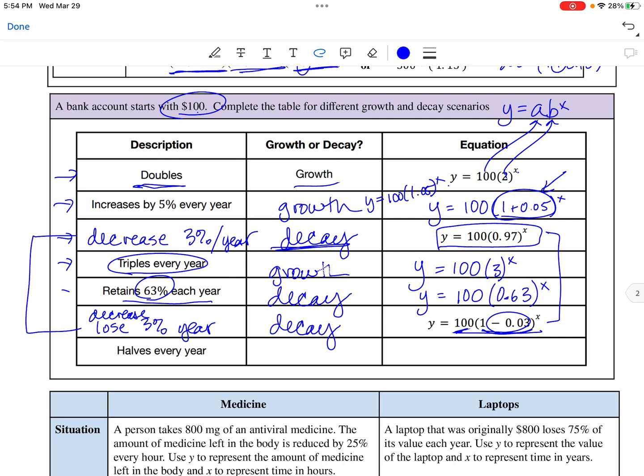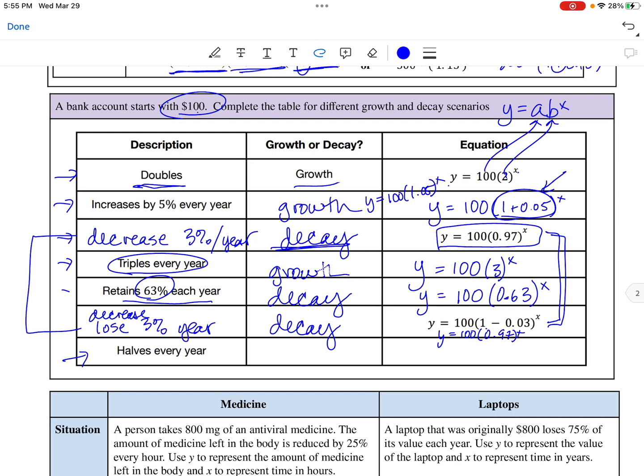Well, let's take a look. Inside this parentheses, we could simplify it. We could rewrite it as y equals 100, and then we could just do the 1 minus 0.03. That is 0.97 to the x. So this is actually the same situation and the same equation.